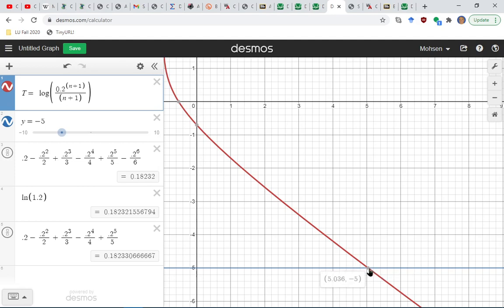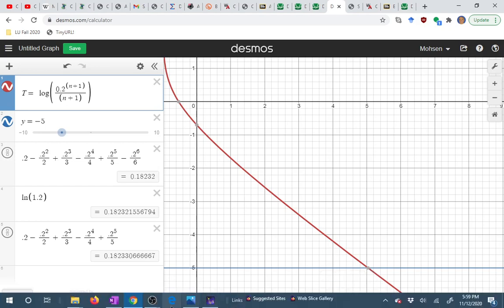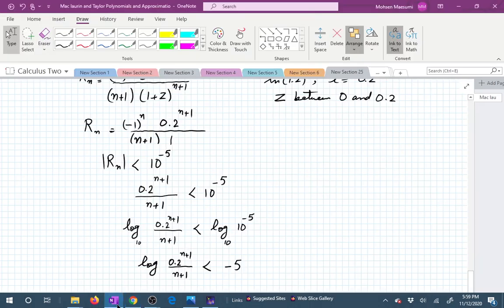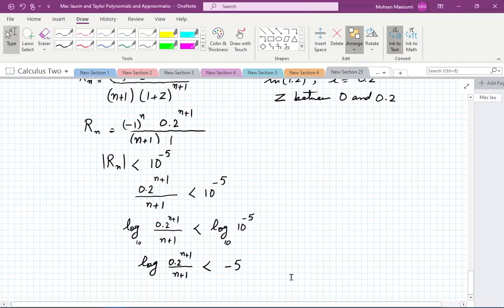We go to the next whole number. So here I'm at 5.036. n has to be a whole number, so we go n equal to 6, and that is the answer to the problem. So we find out that n has to be 6 for the condition to be satisfied.